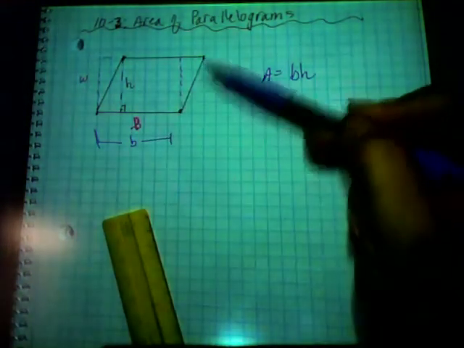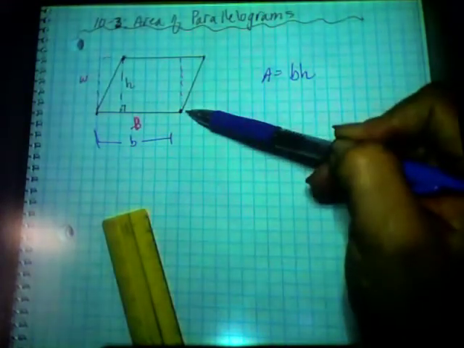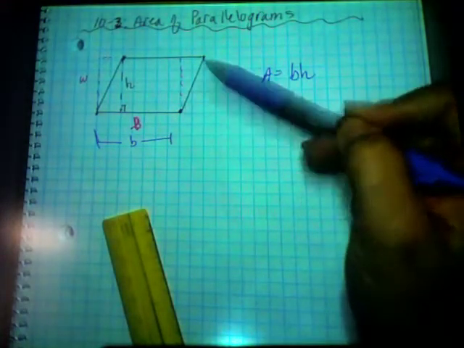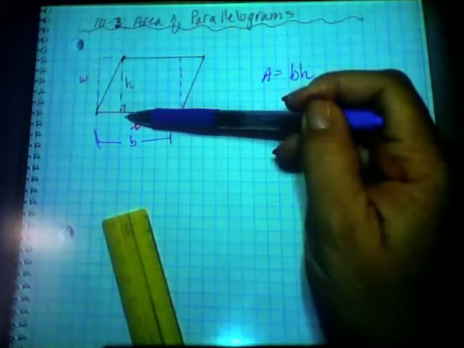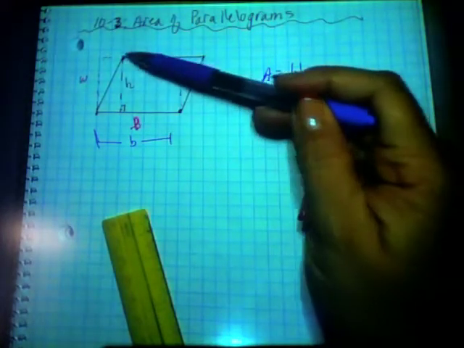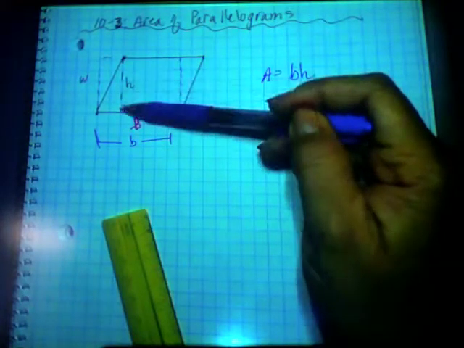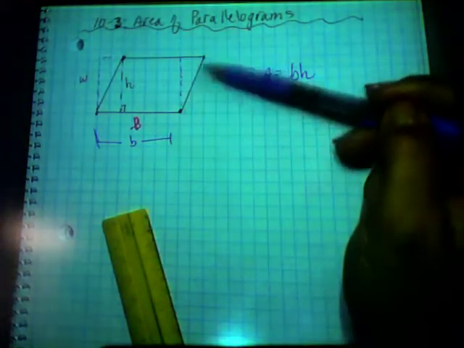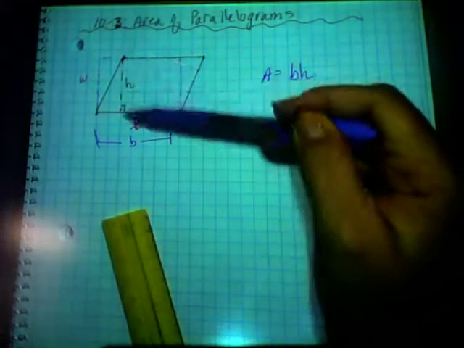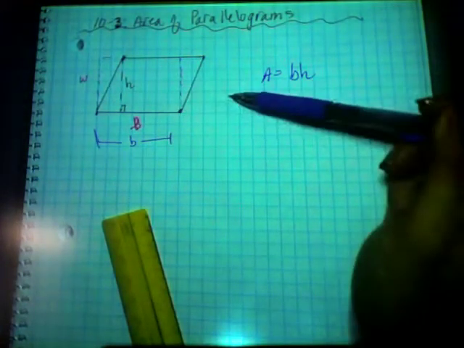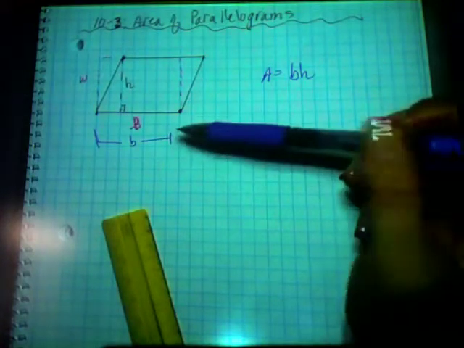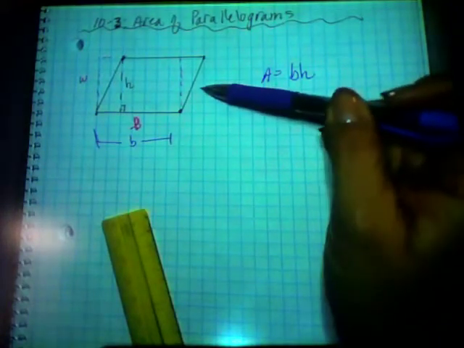Oftentimes they're going to give you this diagonal measurement here and try to have you use that as the height of the parallelogram, but your height always has to be perpendicular to the base. And if you measure this distance from here to here and measure this distance from here to here, are they the same or different? They're different. So these cannot be used interchangeably. So do be careful. They're going to try to throw some extra information on you to see if you'll try to use this number here as the height.